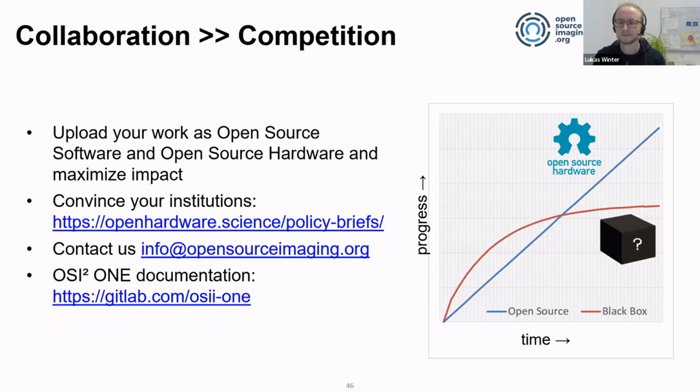I hope I could show you a bit of what I believe is a stronger approach towards more collaboration than competition, and not necessarily out of a strong necessity.